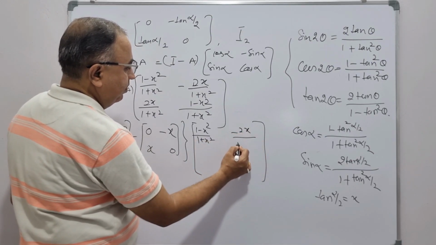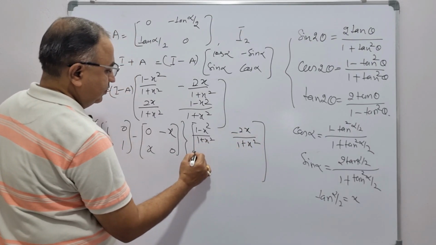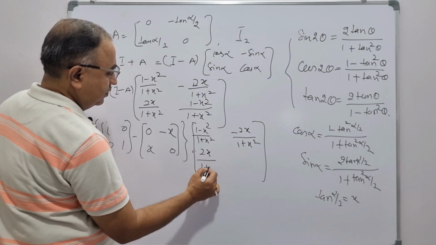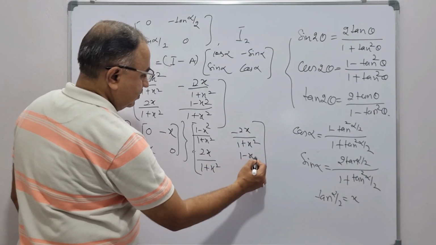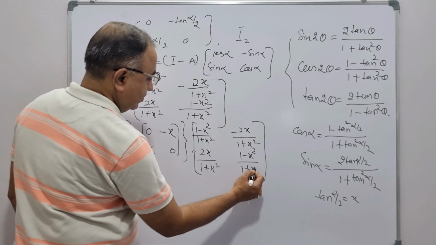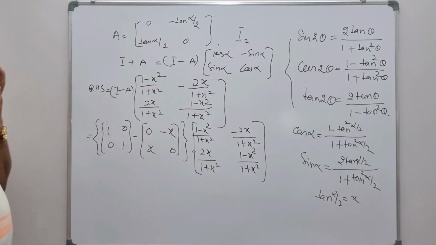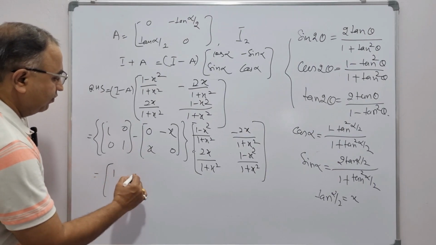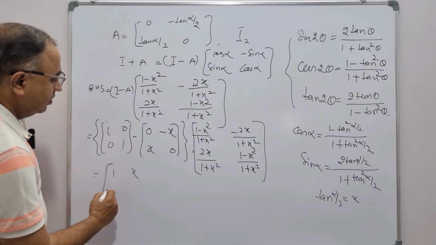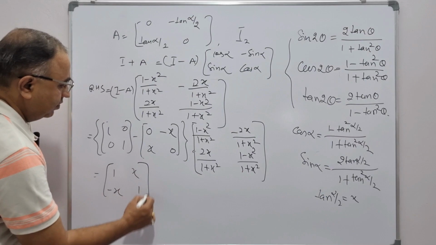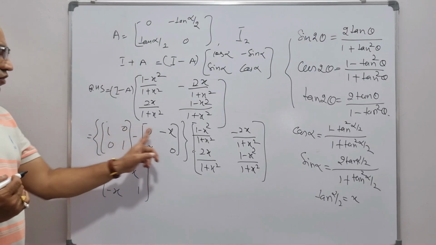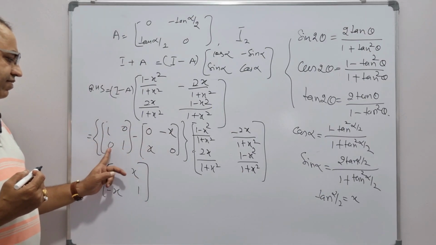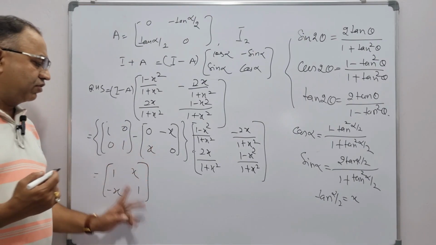As it is, you can copy it. Now you can simplify this, subtracting one matrix from another. It's 1, x, minus x, 1: 1 minus 0, 0 minus minus x plus x, 0 minus x minus x, 1 minus 0, 1.